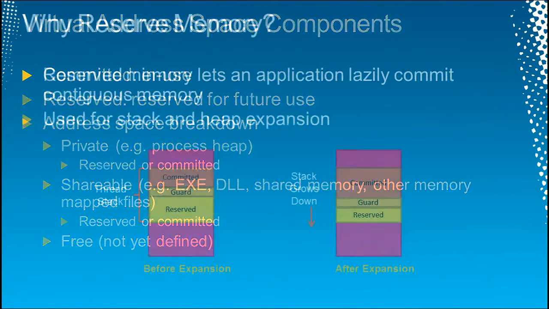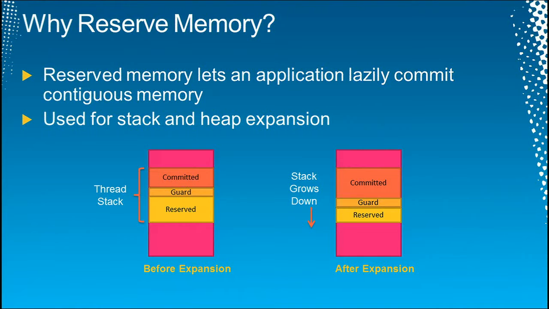Now, most allocations are just pure, just give me this amount of memory because I know what I'm going to do with it. But there are cases, like I said, where reservation is interesting and makes a lot of sense. It lets an application lazily commit contiguous memory. In other words, if I'm allocating some data structures that when I grow the data structure, it needs to be contiguous in memory.